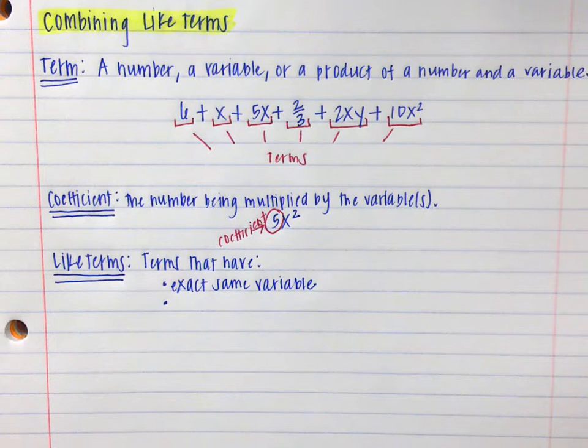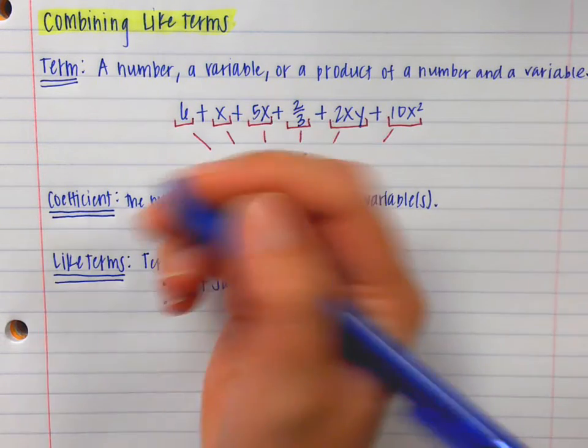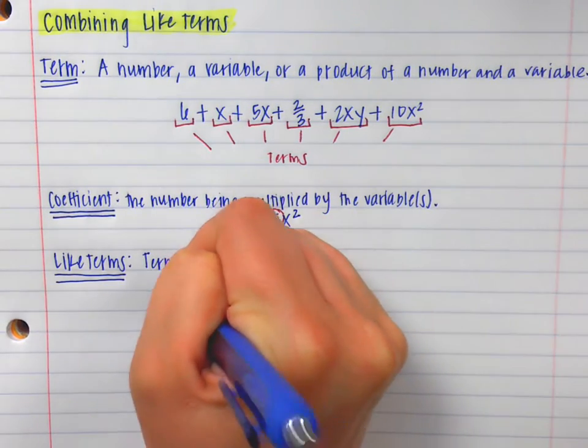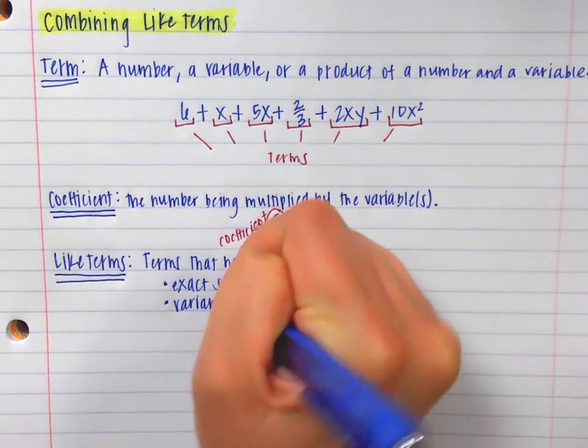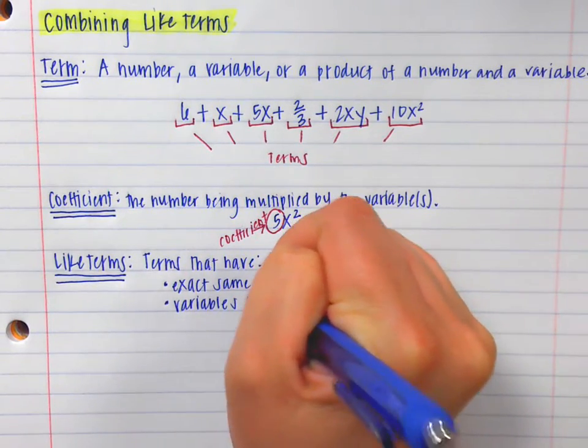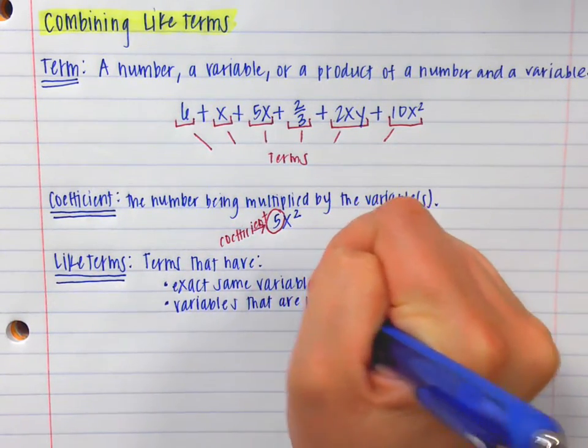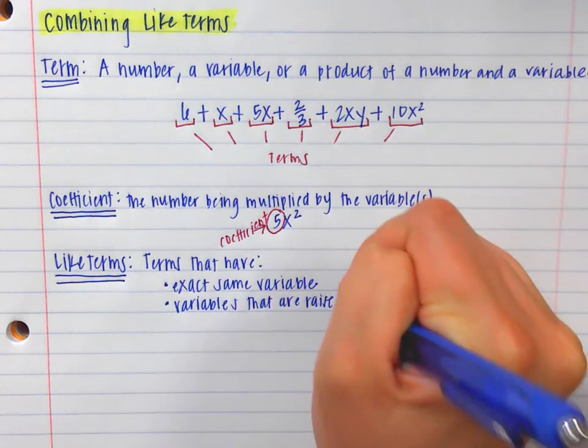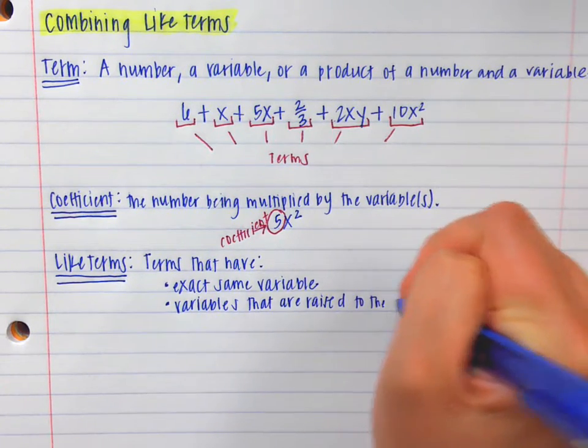And then the second criteria is that the variables are raised to the same exact exponent. So x and x squared are not like terms. They don't have the same exact exponent.